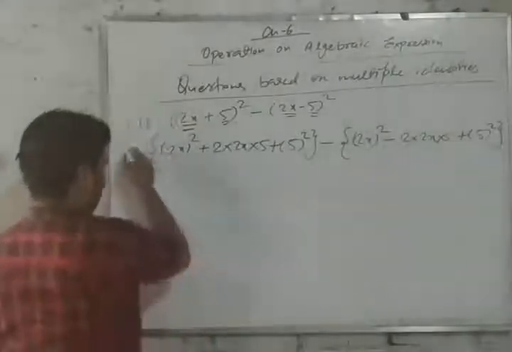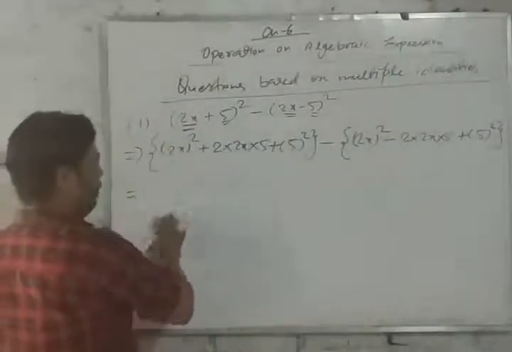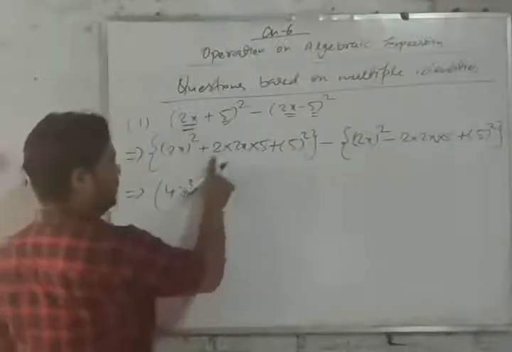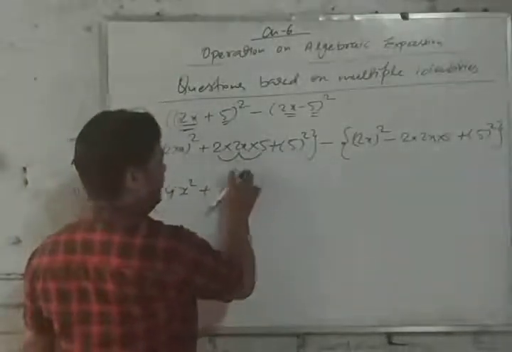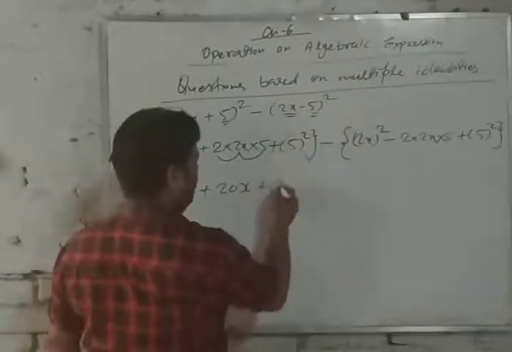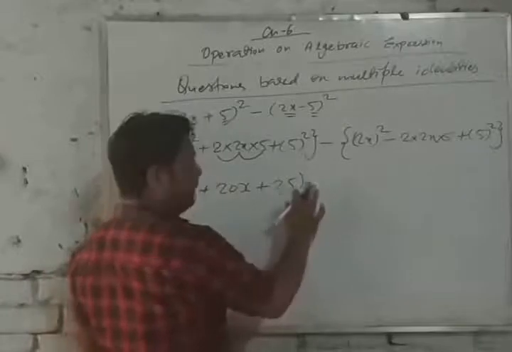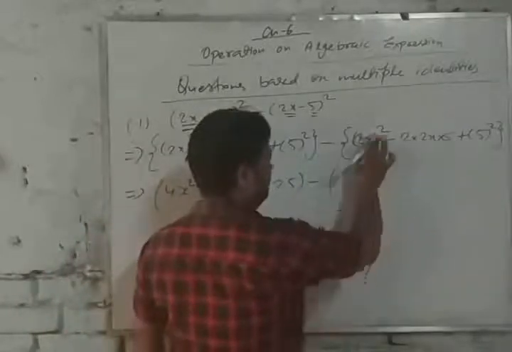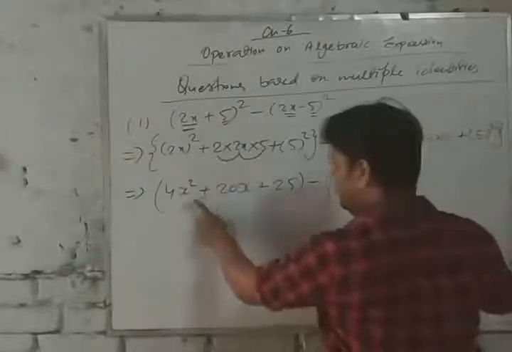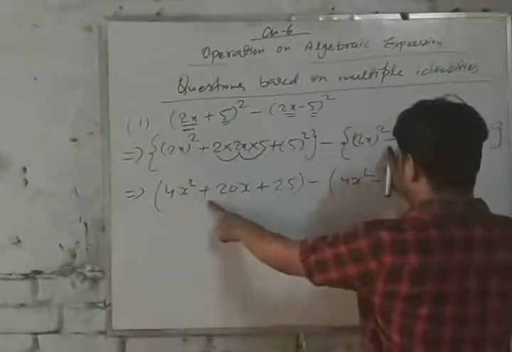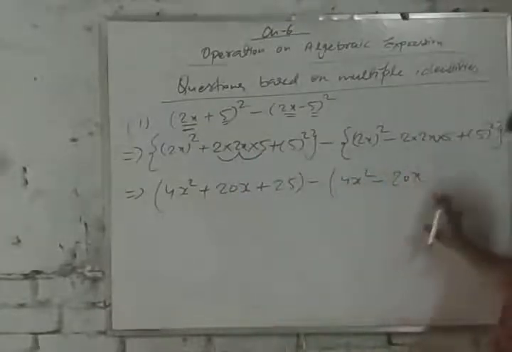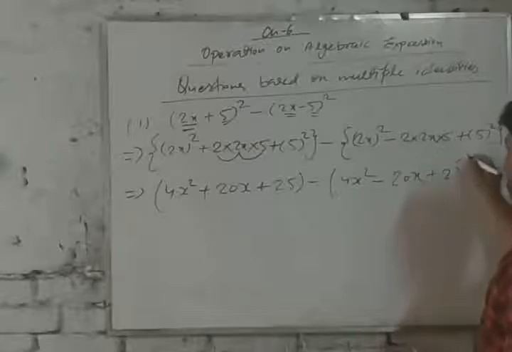Okay. Now solve it at first. 2 square is 4x square, plus 2 into 2 into 5 into x: all the constant terms multiply, 2 twos are 4, 5 fours are 20, with variable x, plus 5 square 25. Keep it in bracket. Now same value 4x square, same formula, but here minus 20x. See, 2 twos are 4, 5 fours are 20, same value, and here plus 5 square means 25.